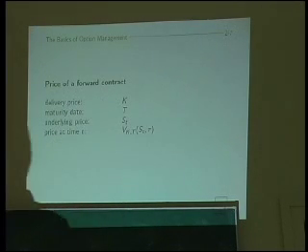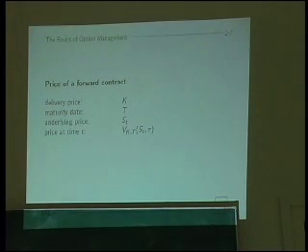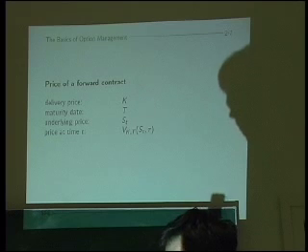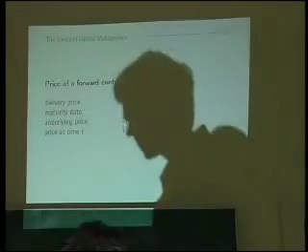And okay, now we come to our old story about the forward contract, and we will try to figure out the price of the forward contract in this ideal situation, in the case of an ideal financial market.